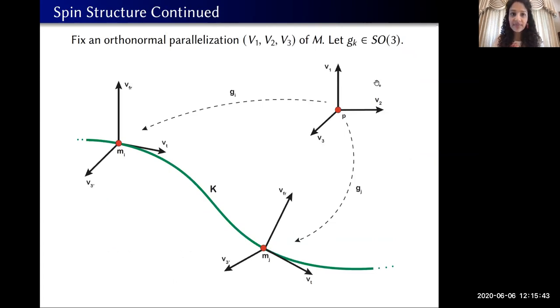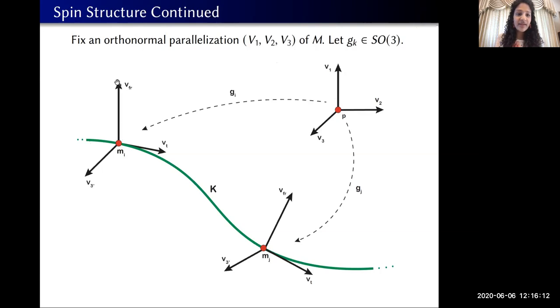What we do is fix an orthonormal parallelization of M, say V1, V2, and V3. Then you consider a point P on the manifold, and due to the parallelization, you have 3 vectors belonging to these 3 vector fields respectively, incident at P. Now you consider the knot in the 3-manifold, and say you have a point Mi on the knot.